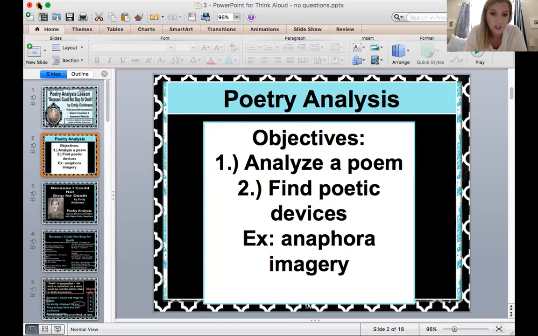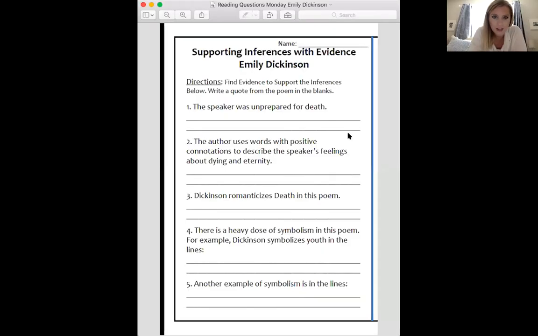Okay, so we are done with our analysis. Now you have a sheet that has questions on it, and I'm going to share my screen to show that to you. This sheet right here.